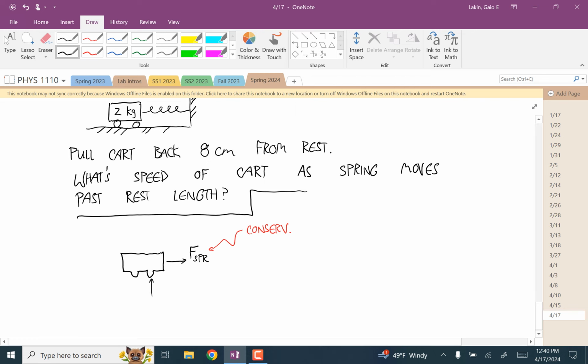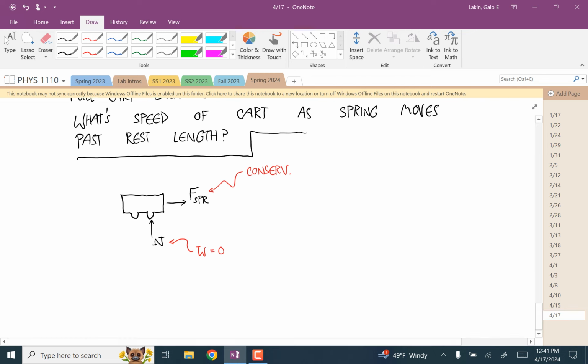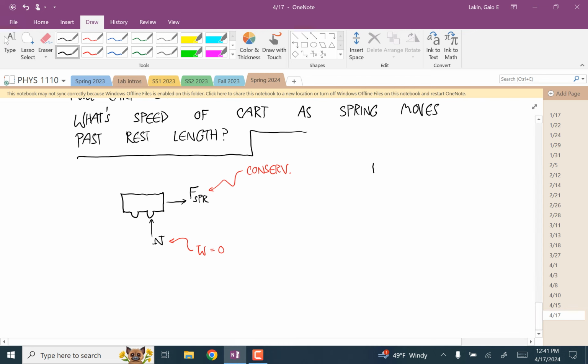And then there's a normal force. That's okay. It's non-conservative, but it does zero work. And so now we're feeling confident about this. And so I'll set up instant 1 and instant 2.